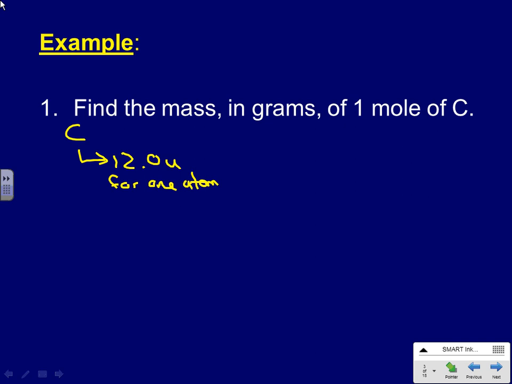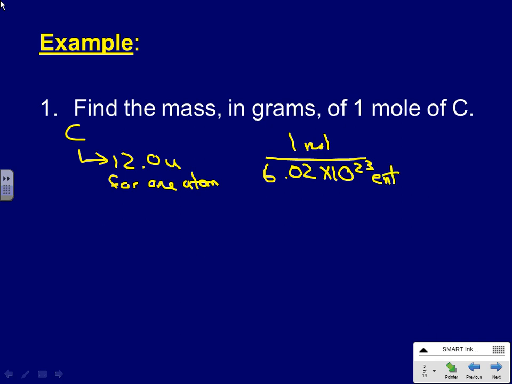If I have a mole of the substance, I can write the conversion factor. If I've got 1 mole, how many atoms am I talking about? How many atoms is in 1 mole? Yep. 6.02 times 10 to the 23. 6.02 times 10 to the 23 entities, or atoms.